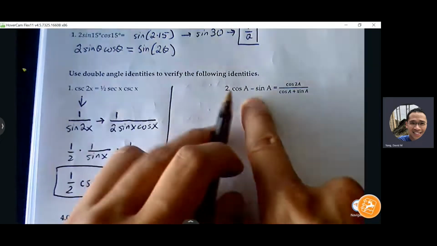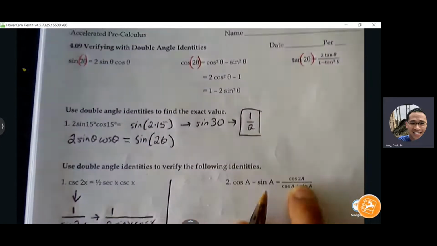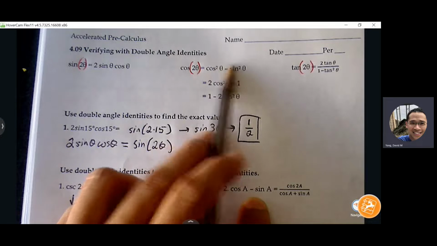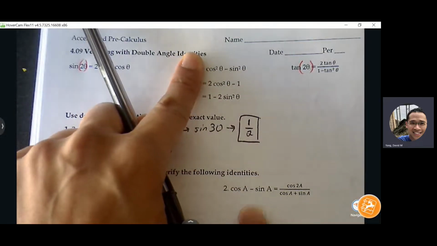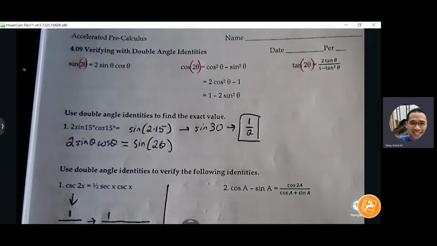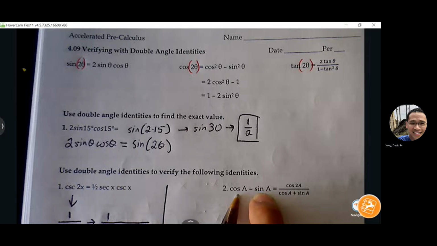So if I want to get from cosine of a minus sine a to something involving cosine of 2a, let's look at what we want to get to. We want to get our squares to show up, right? Because if I can get my squares to show up, then I have a much better chance of converting it into something that is cosine of 2a. So what can I do to quickly get a cosine squared and sine squared to show up?